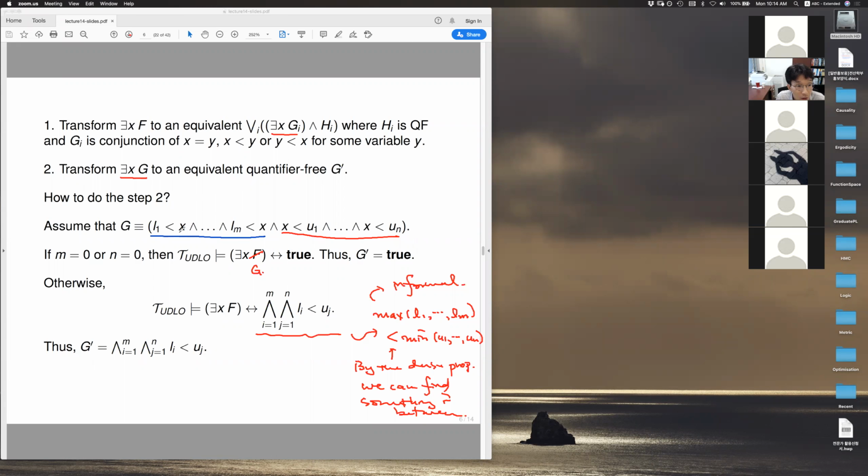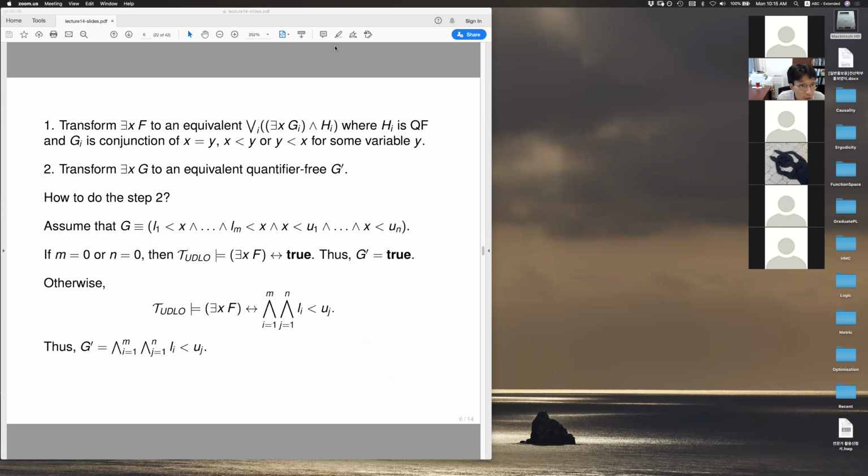Then this conjunction can be grouped into lower bounds and upper bounds, and we can encode the entire exists x dot G by saying the largest lower bound is smaller than the least upper bound. And that doesn't involve the quantified variable x at all. So these are the two steps for doing quantifier elimination.